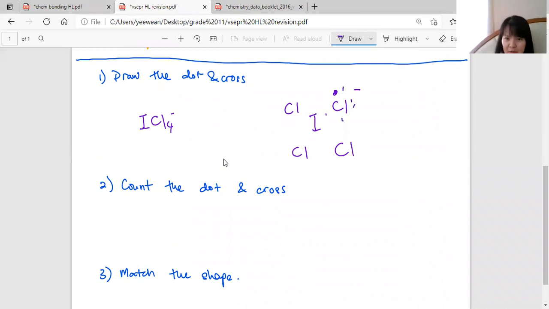Chlorine has 1, 2, 3, 4, 5, 6, 7 electrons, and the same for each of the four chlorines. Now I'm going to draw for iodine.